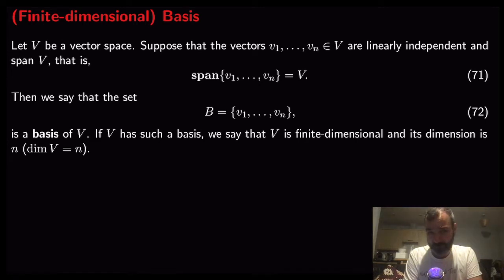V is a vector space, and suppose that the vectors v1, v2, v3 up to vn are linearly independent and they span V. The span of these vectors is equal to V. We say that these vectors form a basis of V. And if V has such a basis, first of all, we say that it is finite dimensional. It has a finite basis. How many elements are in the basis? 1, 2, 3, 4, up to n.